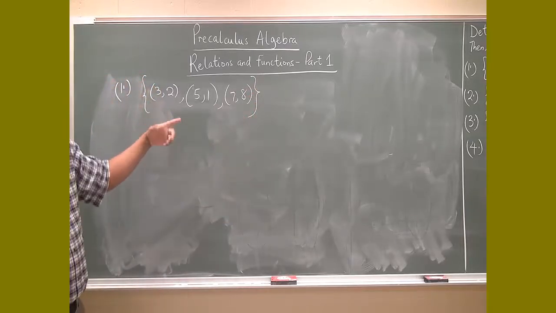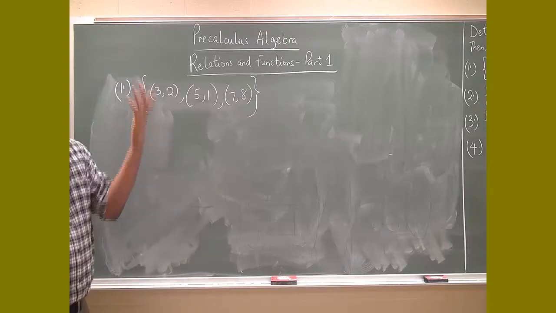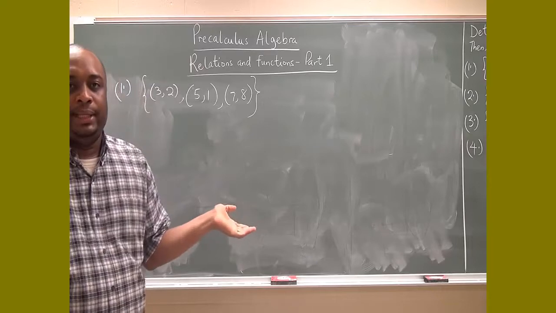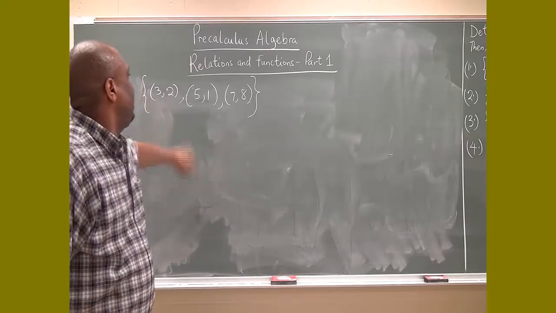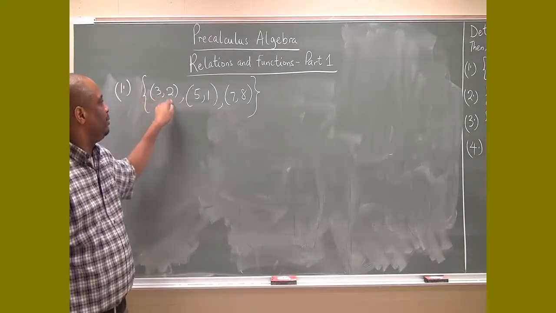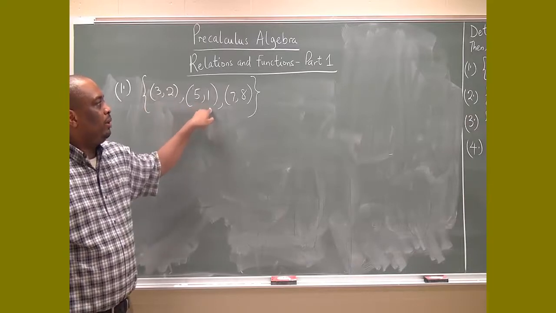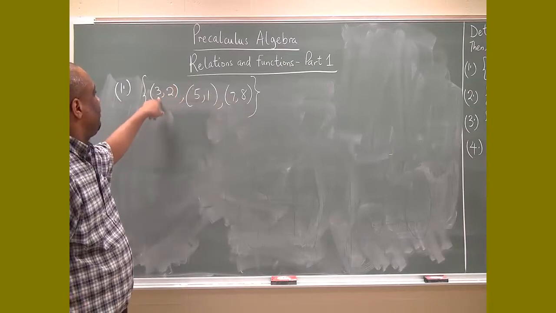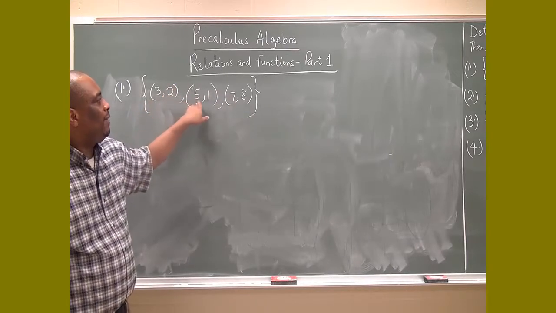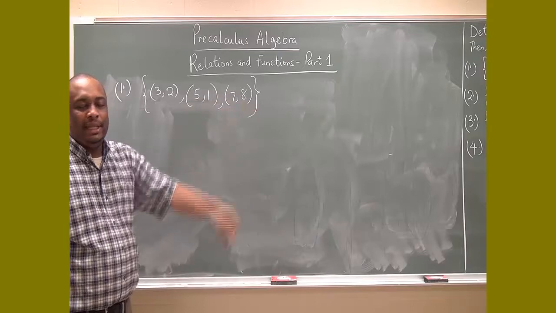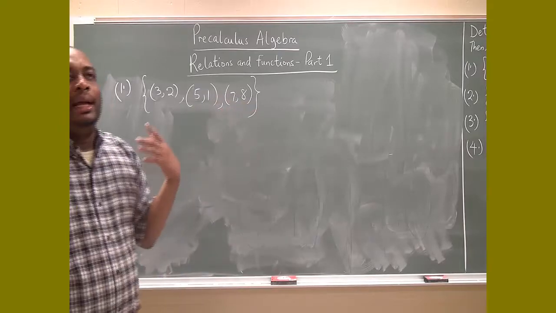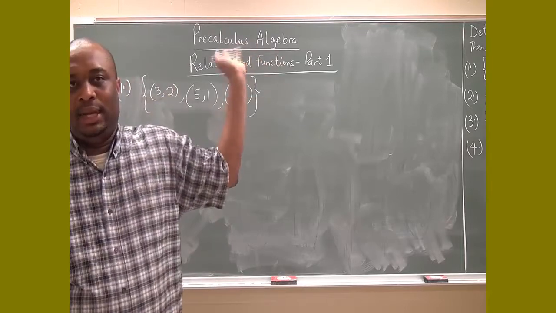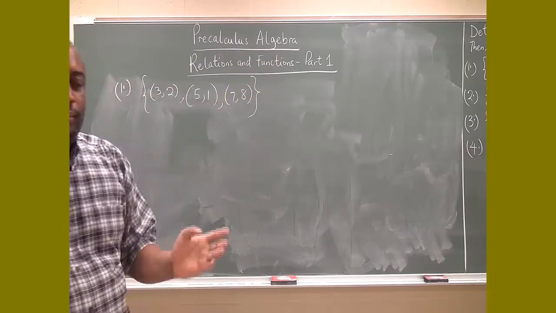So we want to know whether this is, of course it's a relation. Why? Because it is a set of ordered pairs. We can say that the image of 3 is 2, image of 5 is 1, image of 7 is 8. Or output of 3 is 2, output of 5 is 1, output of 7 is 8.